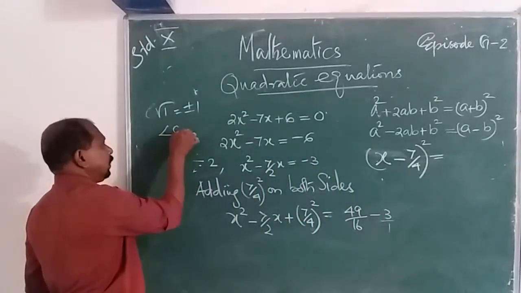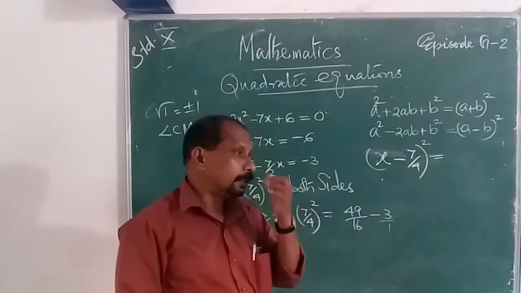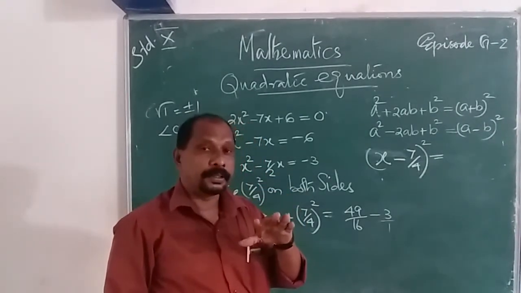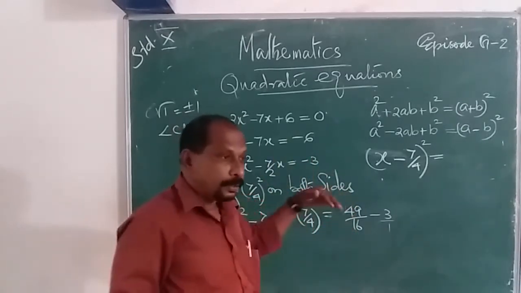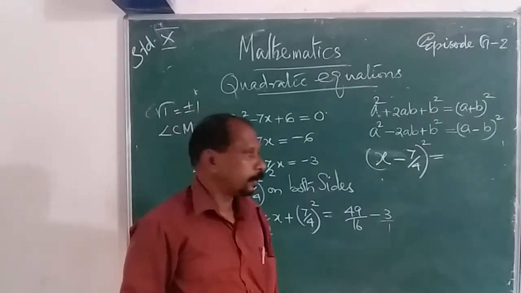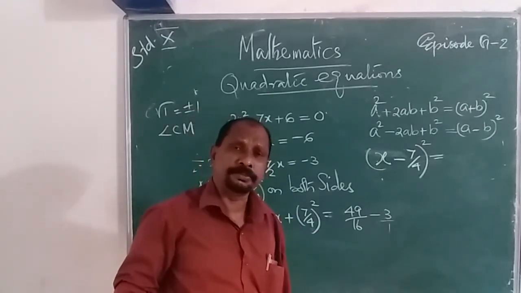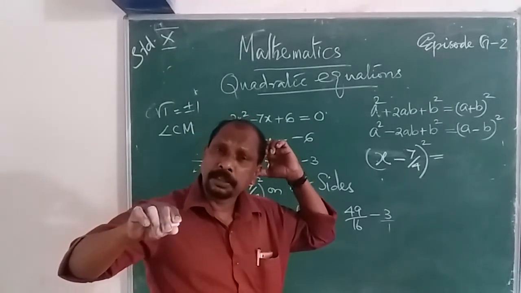LCM is least common multiple. That means the least number which is divisible by the denominators of all fractions. That is known as LCM. And HCF means the highest common factor. That means the common number between two numbers.